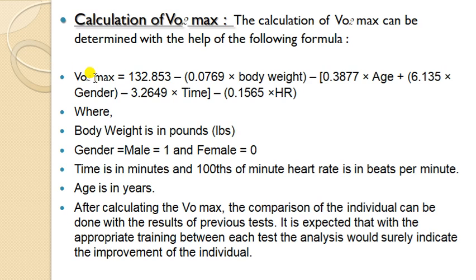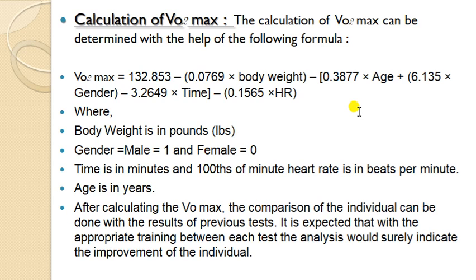VO2 max is equal to 132.853 minus 0.0769 into body weight minus 0.3877 into age plus 6.135 into gender minus 3.2649 into time minus 0.1565 into heart rate.